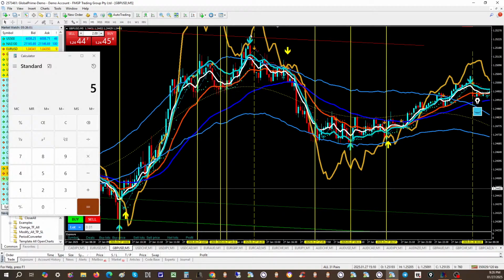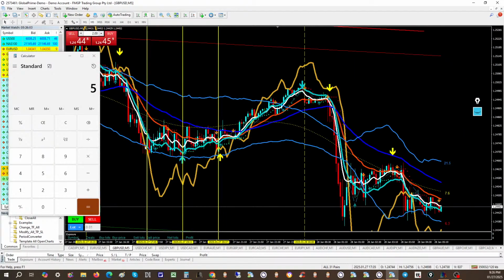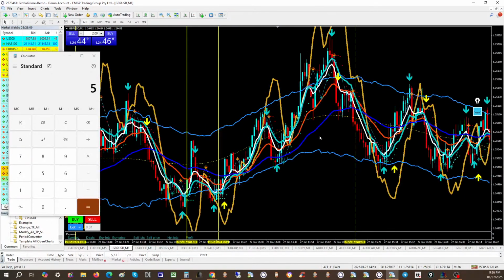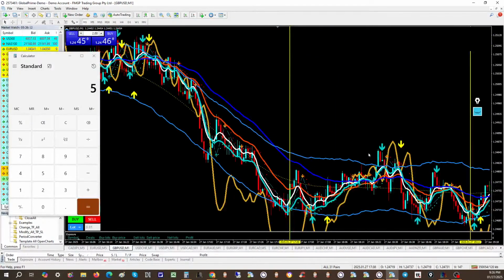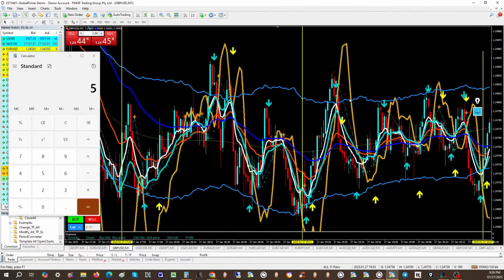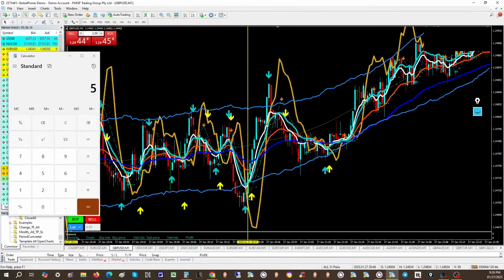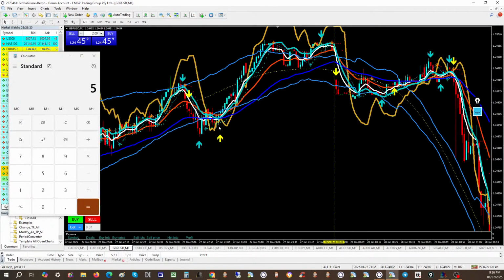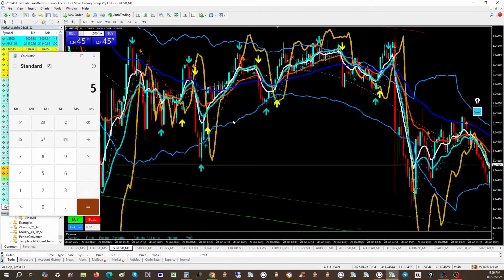So we'll count these as 1. This is the 5 minute chart. I need to be on the other chart here, 1 minute chart, so you can see it clearer. Okay, so 1, 2, 3, 4. That could have been another one, but we're at 4, and we're done.